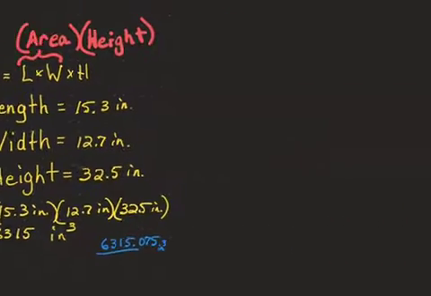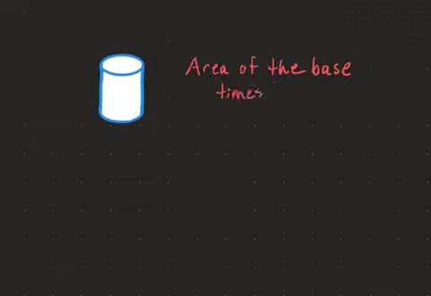Now actually, you can take any of the shapes that we've been working with, say the circle, and if we tilt it and we duplicate that so we have two ends, we can connect those two and we now have a cylinder, and the volume of that cylinder would be equal to the area of the base times the height.